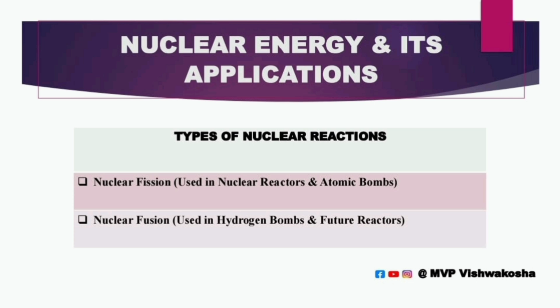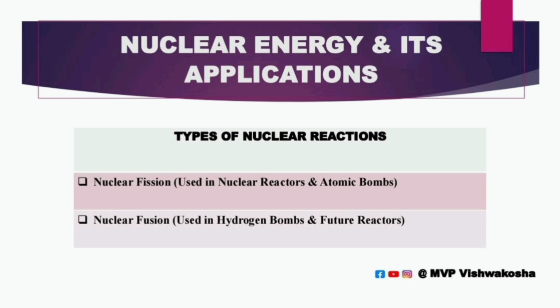Next is nuclear fusion. Nuclear fusion is used mainly in hydrogen bombs and future reactors. The process is that two light nuclei, for example hydrogen isotopes, combine to form a heavier nucleus, releasing energy.